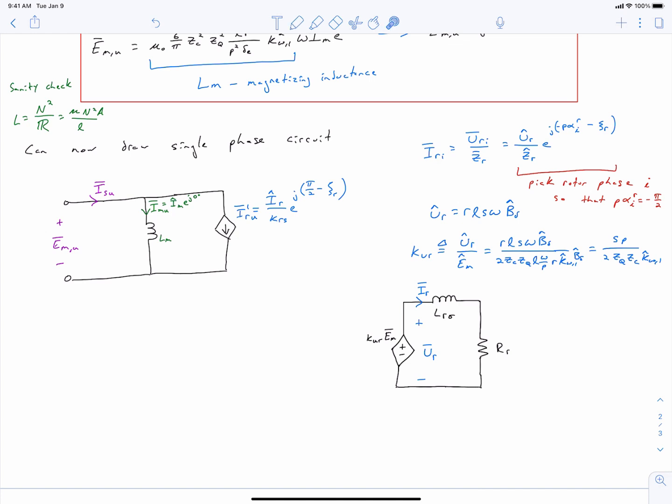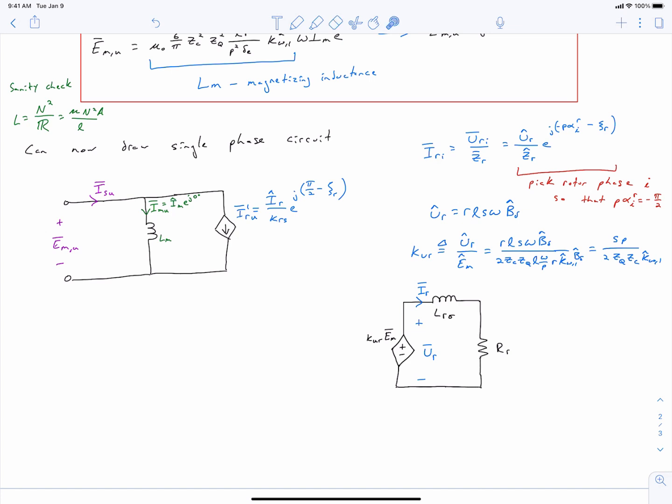And so our goal here is to write an equivalent circuit for our rotor branch in terms of a dependent voltage source that we can map back to this EMF. And we're set up to do this pretty well. We've already been talking about how a single phase of our rotor circuit has this impedance, this leakage reactance, this leakage inductance, and this rotor resistance.